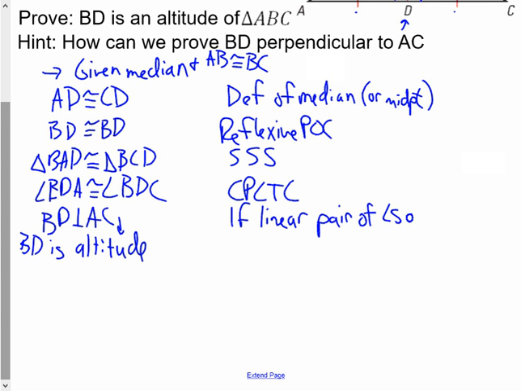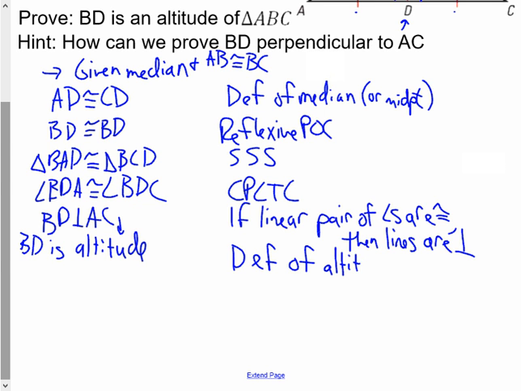So if the linear pair of angles are congruent, then the lines are perpendicular. And I would say this last one is just going old school definition of altitude. It's a line perpendicular from the base to a vertex. We're calling something an altitude. So that's kind of how that one looks. That wraps up the lesson. Let me know if you have any questions.